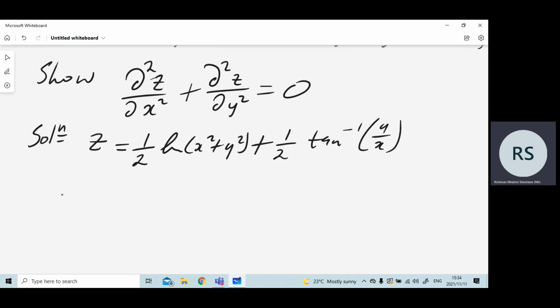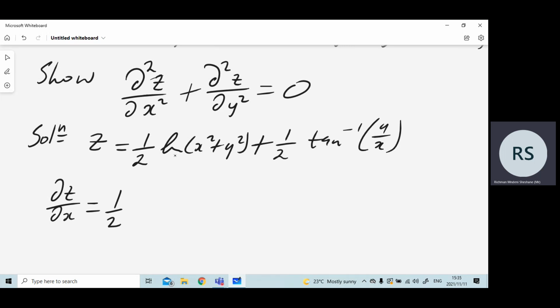First let's find the second partial derivative with respect to x. I'll need to find the first partial derivative with respect to x first, before I find the second partial derivative with respect to x again. So let's derive the first term. This is going to be half.